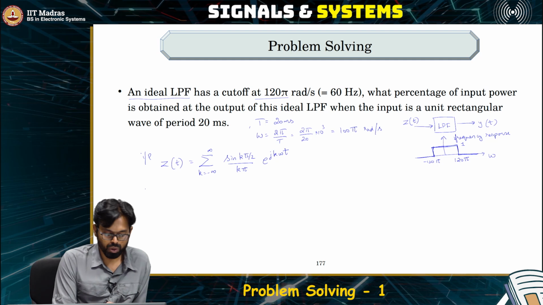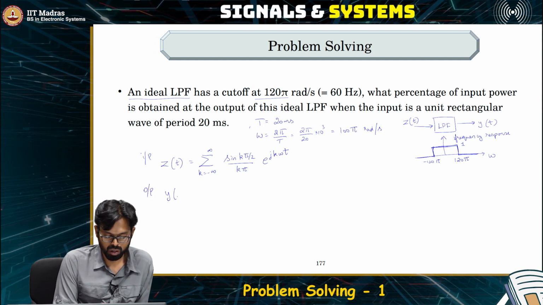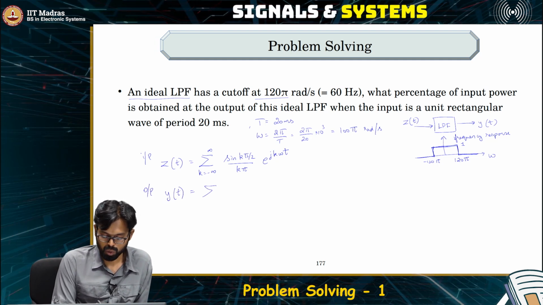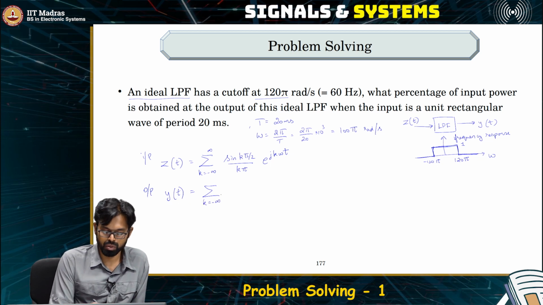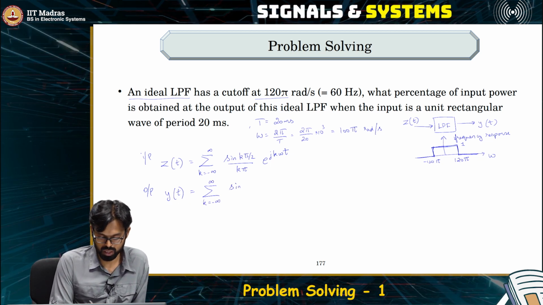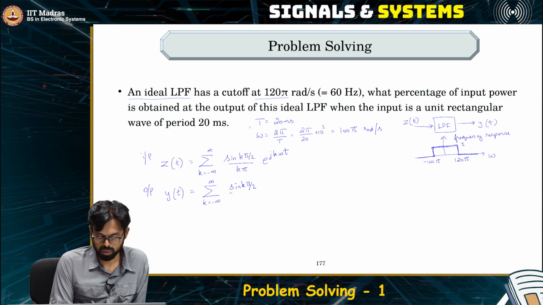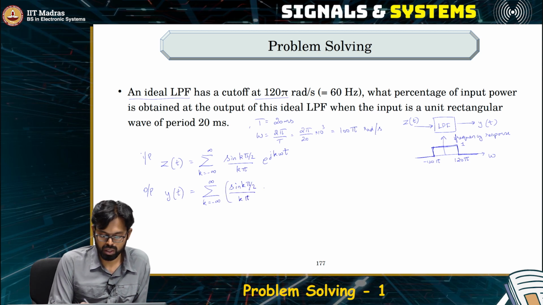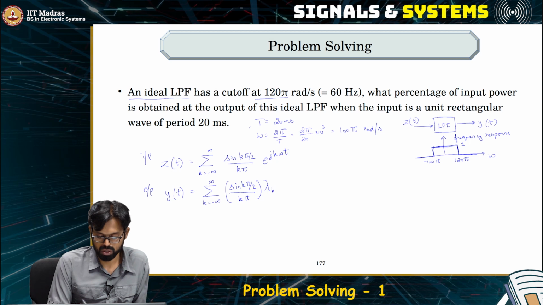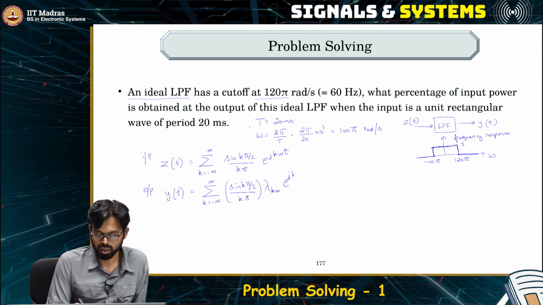What is the Fourier series coefficient of the output? Once again we use whatever we studied before: it is the Fourier series coefficient of the input multiplied with the frequency response.